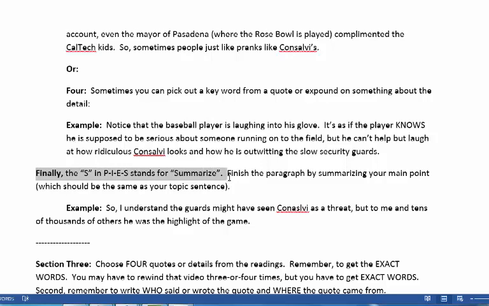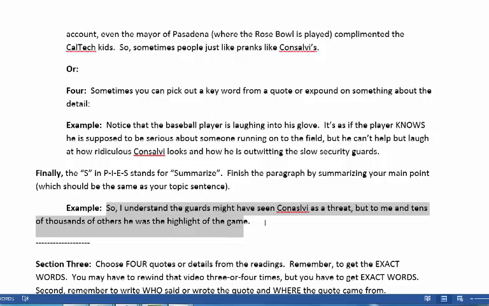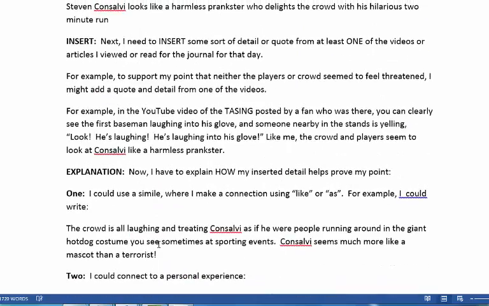Okay, finally, the S in PIES stands for summarize. Finish the paragraph by summarizing your main point, which should be the same as your topic sentence. For example, if I were writing this PIES paragraph about Consalvi, I might say, so, I understand the guards might have seen Consalvi as a threat, but to me and tens of thousands of others, he was the highlight of the game.